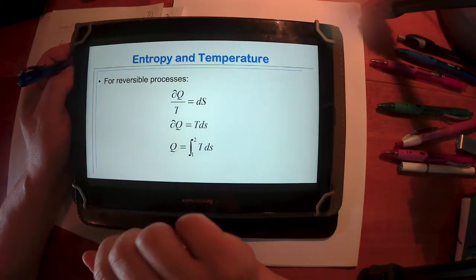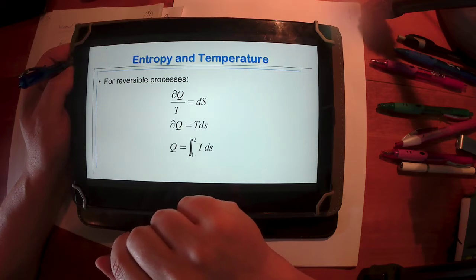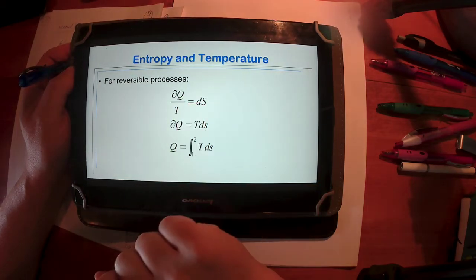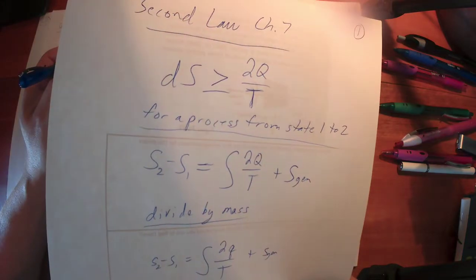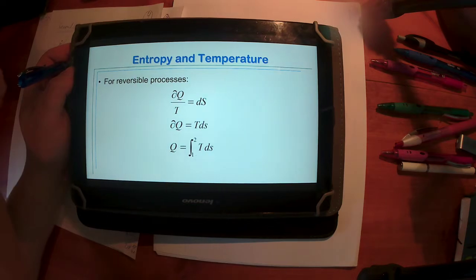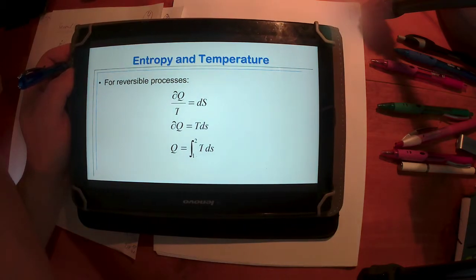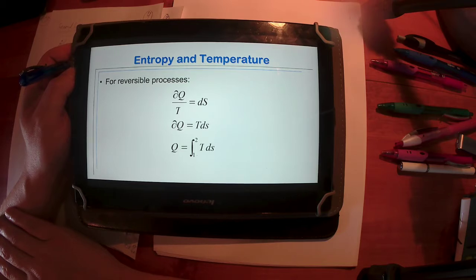There we go. Alright, entropy and temperature. If the process is reversible, remember the second law says, in its purest, rawest form, that an entropy change is going to be greater than the heat divided by temperature. If the process is reversible, it's an equal to. The entropy change is equal to heat divided by temperature.